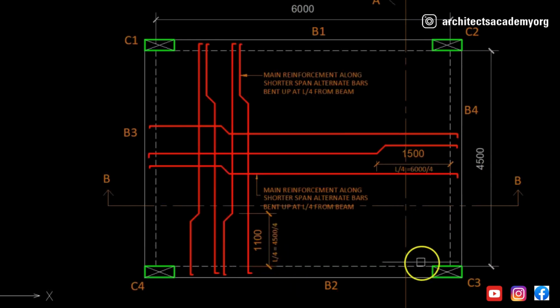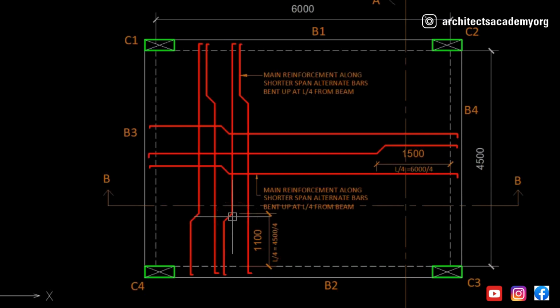Now because the length in this direction is 4.5 meters, the distance of the bent up bar is L by 4, that is 4500 by 4, that is roughly around 1100. This bar will start getting bent up like this. This bent up bar is being bent up at an angle of 45 degrees.